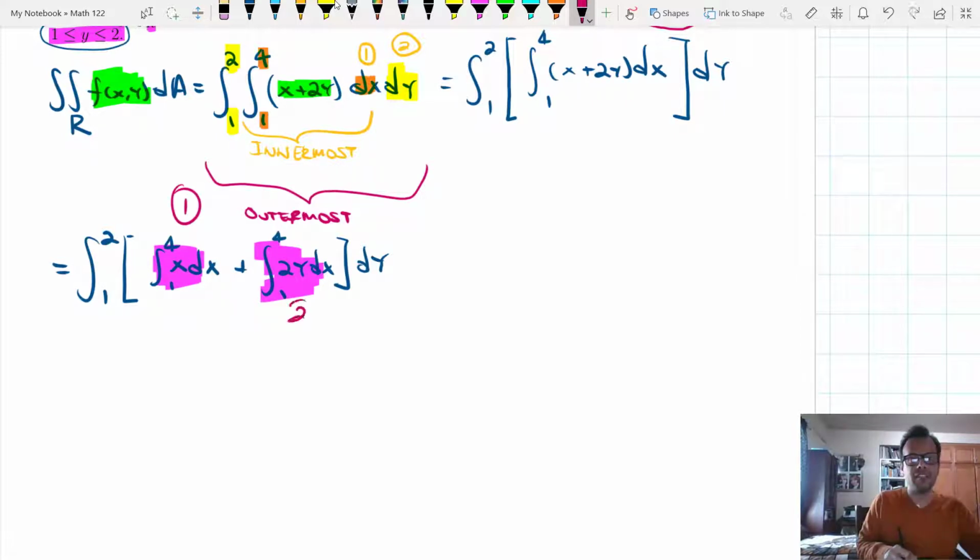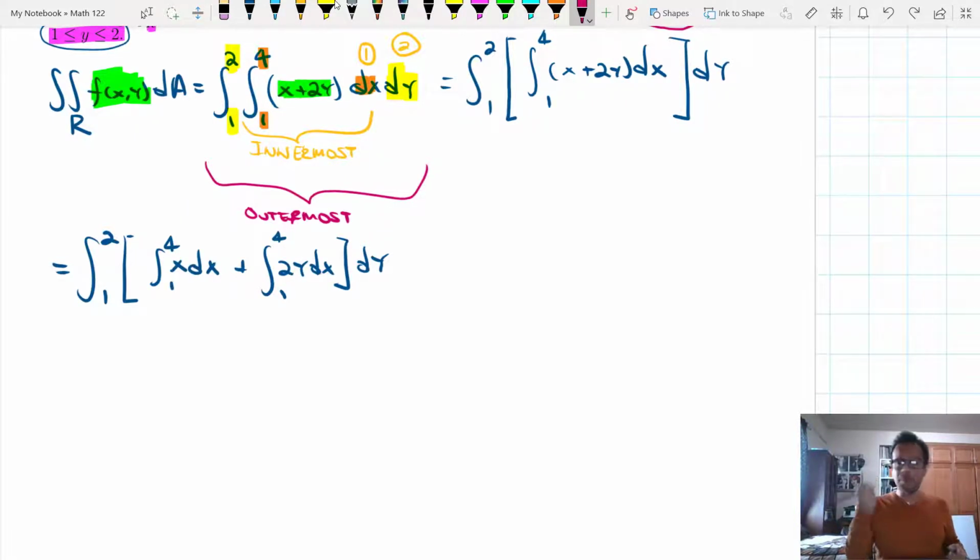The second integral has y's inside, but we're integrating with respect to x. So those two y's, I'm going to take outside of the integrals just the same way we did earlier, when it came to the partial integration. So let me go ahead and do that.